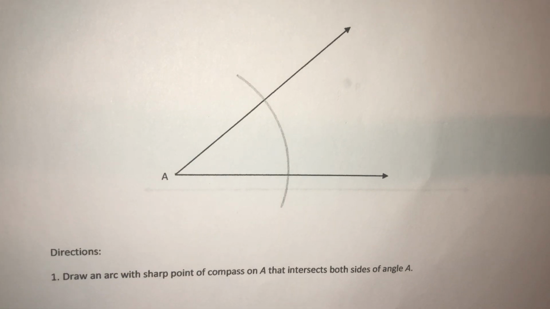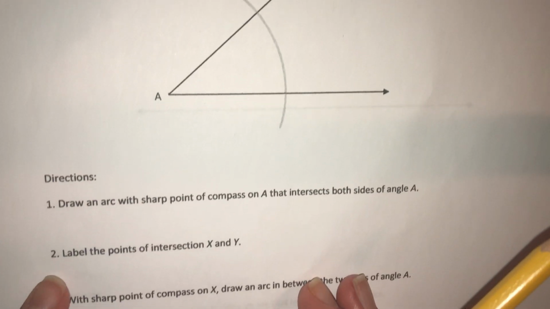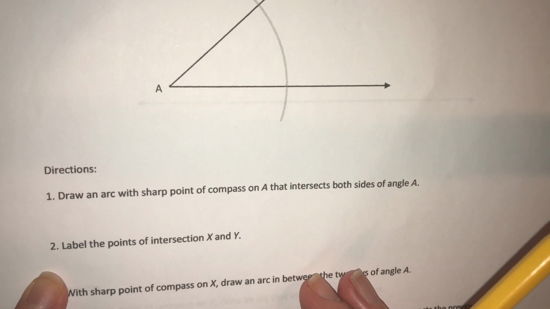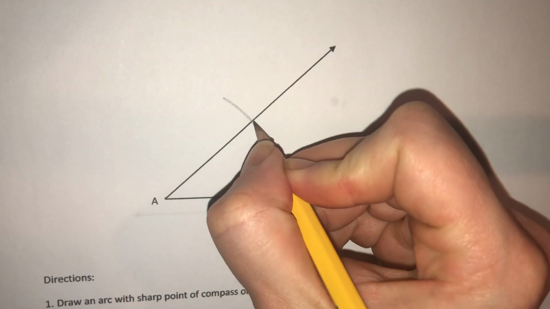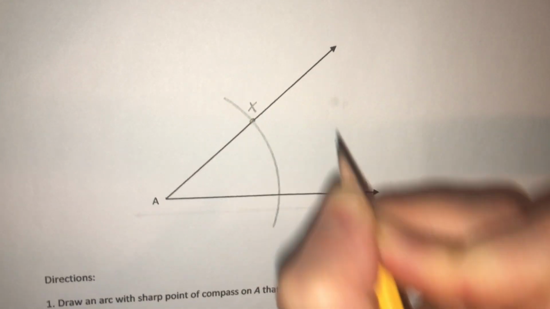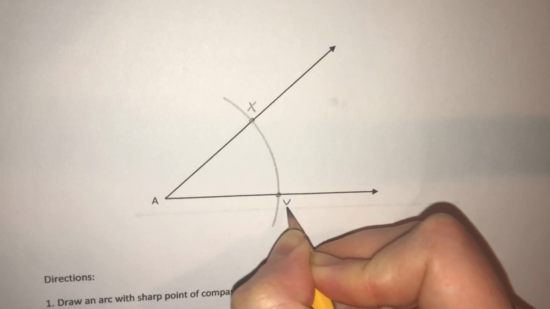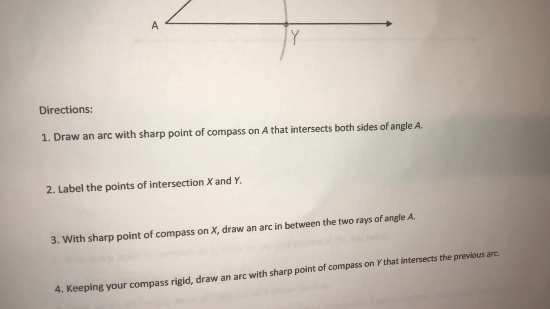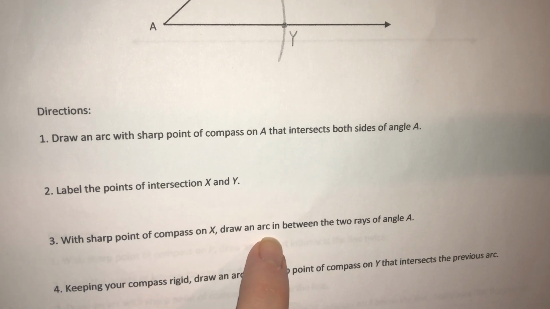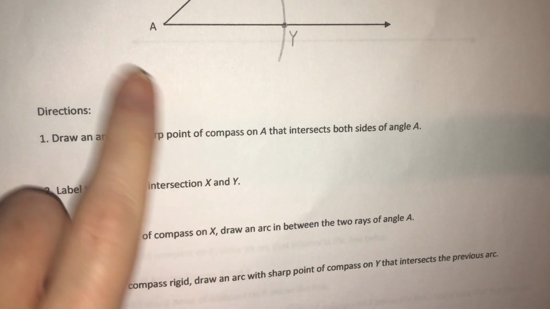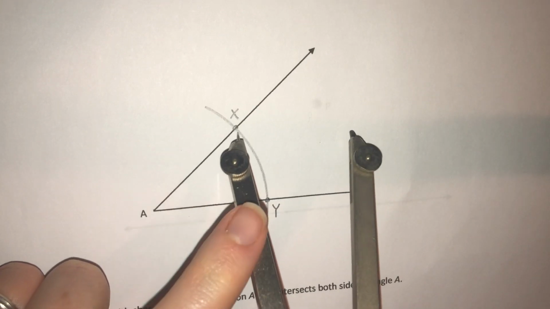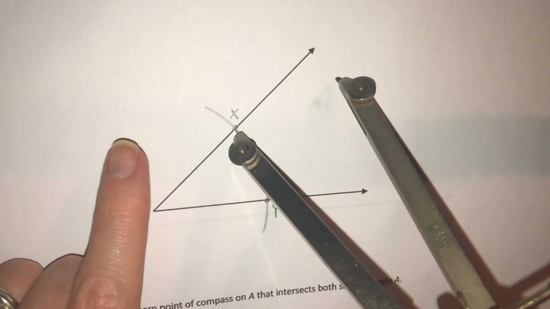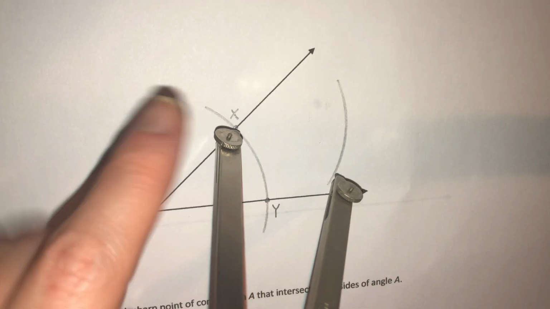So now step 2 says label the points of intersection X and Y. So this top point is point X and this bottom point is point Y. Step 3 says with the sharp point of the compass on X, draw an arc in between the two rays of angle A. So I'm going to put my pointer on point X and make an arc that goes between the two rays.